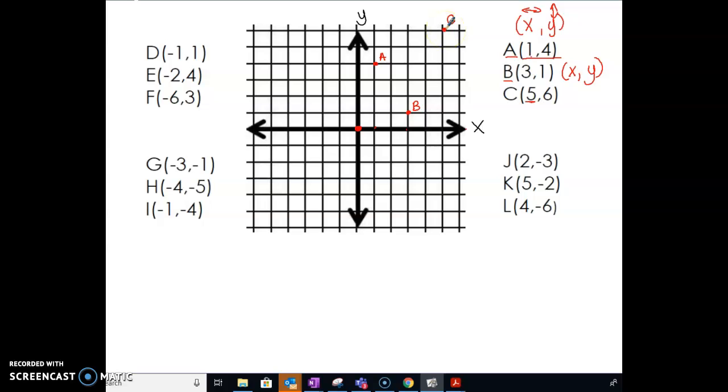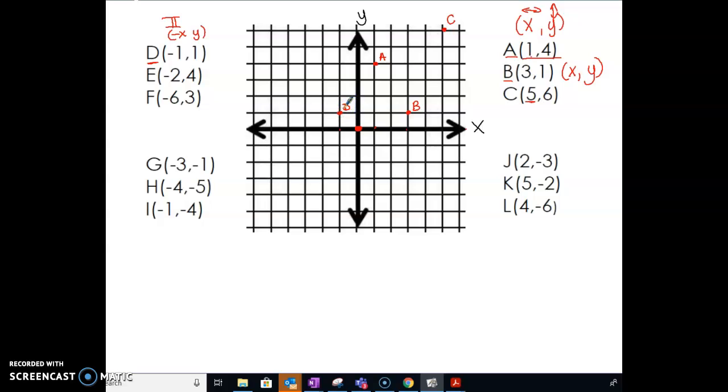Now if we look at quadrant 2, D ends up there because the x is negative and the y is positive. You start at the origin, go to the left, negative 1, and then go up 1. So plot your point D.